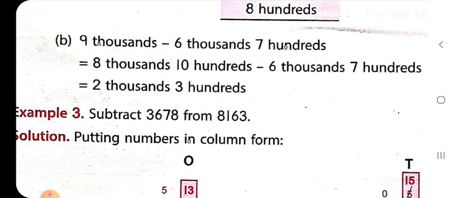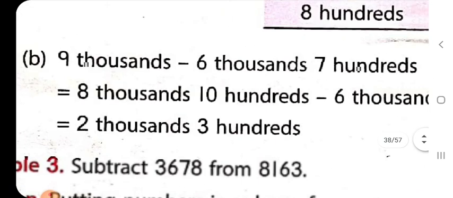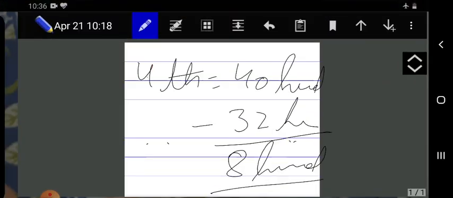As you can see, it is 9000 and 6700, but there are no hundreds along with 9000. For that, what will we do? We will convert 9000 into hundreds also. Only after that will we do our calculation. Just see very carefully.